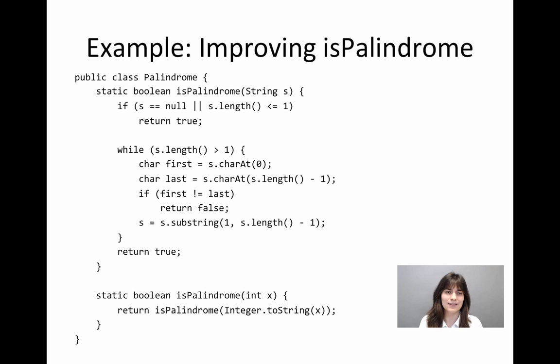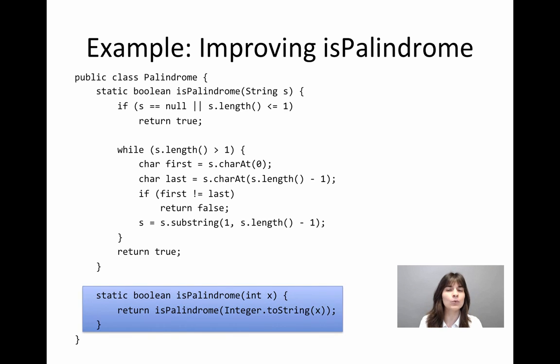What we have done here in this class is add one more method, overload the isPalindrome. The new isPalindrome method takes an int as a parameter. And this is the reason that we can have those two methods coexist in the same class. They have different signatures because the parameter type of the argument is different.